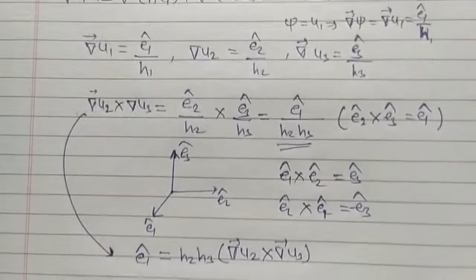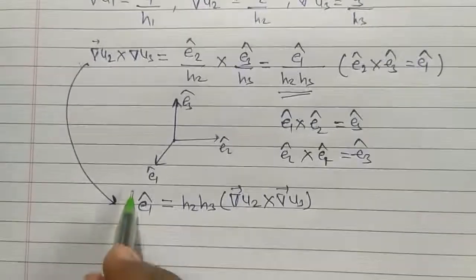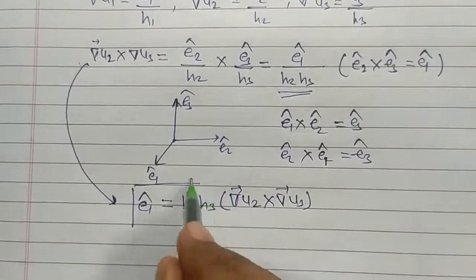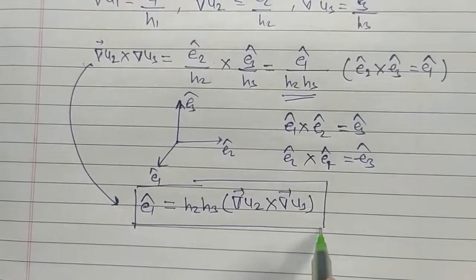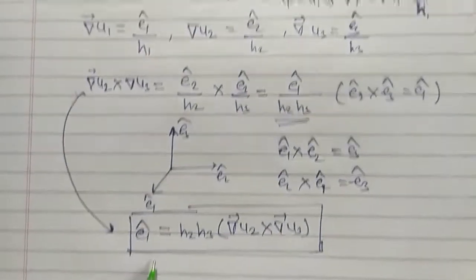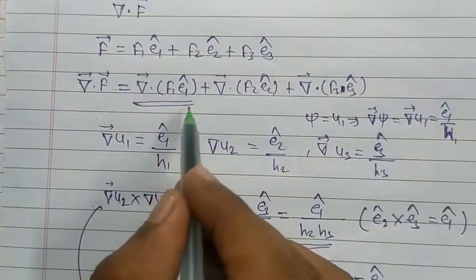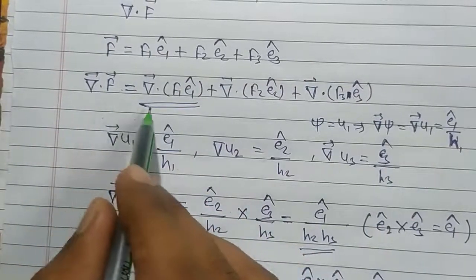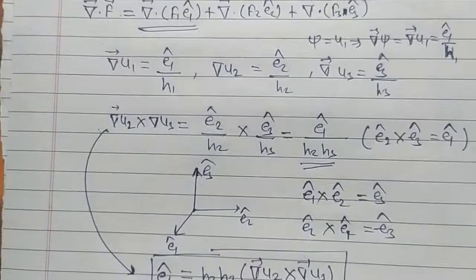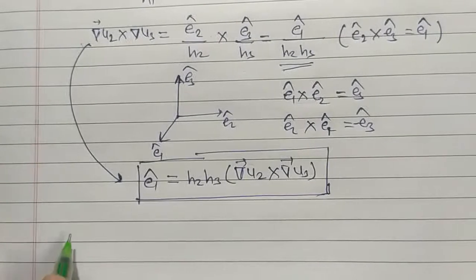Now I have obtained an expression for e1 cap. This expression I am going to use over here, in the first term of divergence. So I will carry that term over here.